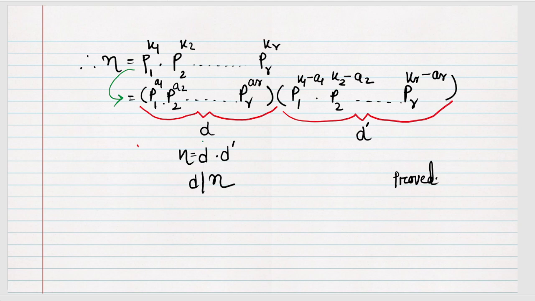It is our d, and another one is our d prime. So we have both d and d prime, then we can write n equals d dot d dash, which says that d divides n.